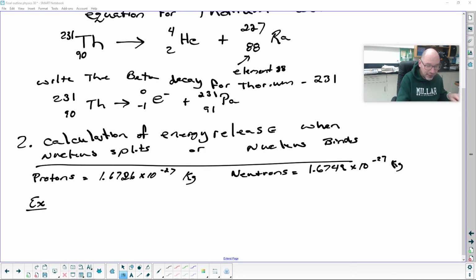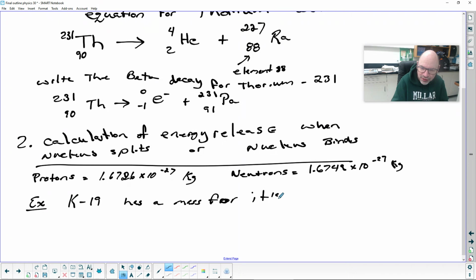So let's say K19 has a mass for its nucleus, because it's not the whole atom, of, okay, according to the internet, 6.4924 times 10 to the negative 26 kilograms.